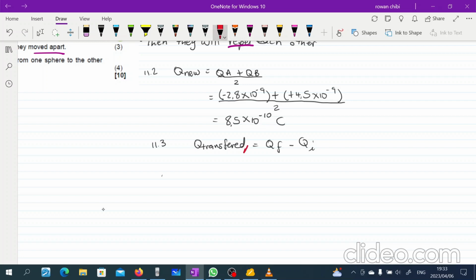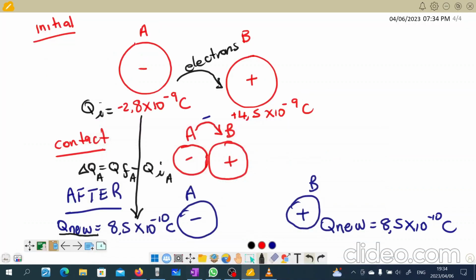We are focusing on charge A. Then let's substitute the final charge: it is 8,5 times 10 to the power negative 10, minus the initial charge, which was negative 2,8 times 10 to the power negative 9. Initially it was negative 2,8 times 10 to the power negative 9, finally it is 8,5 times 10 to the power negative 10.